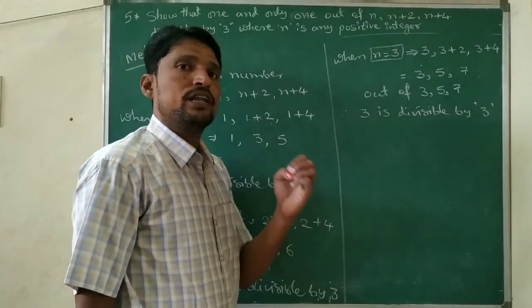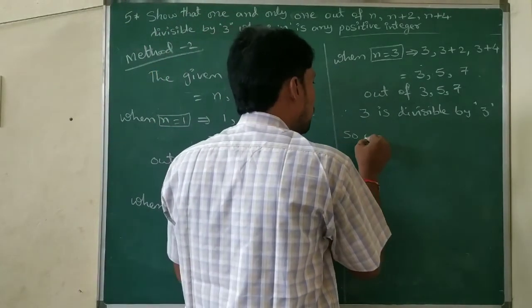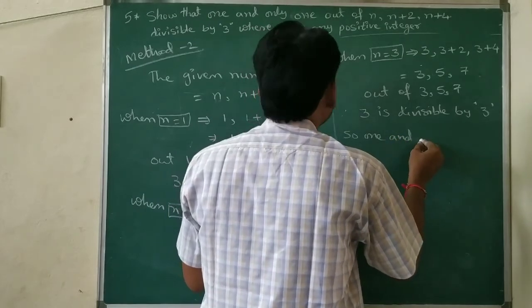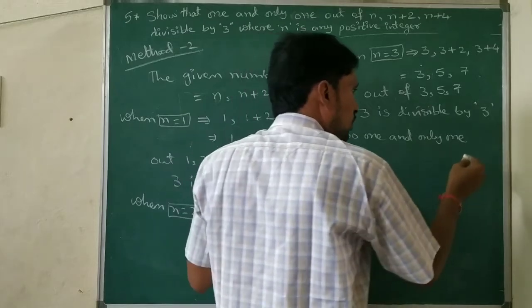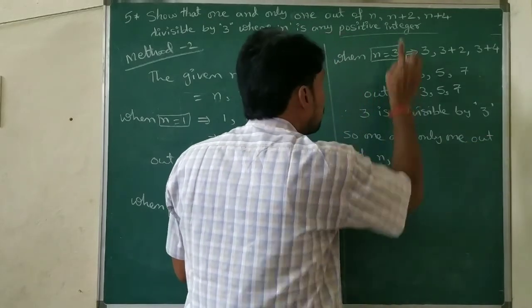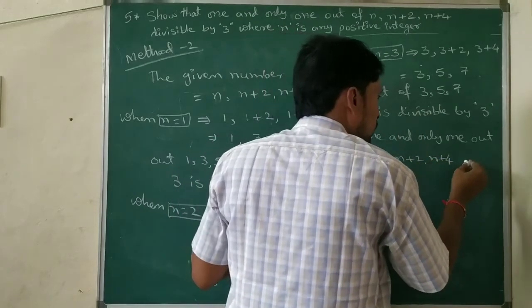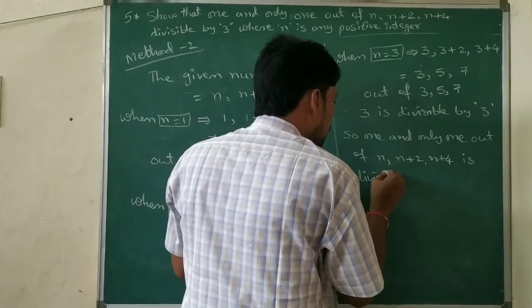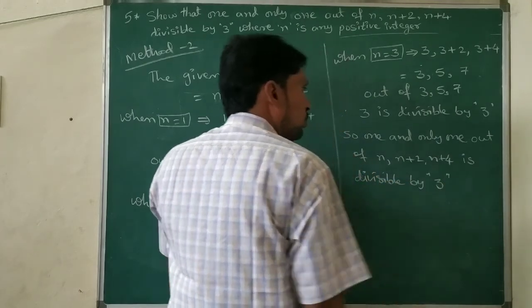For every problem we need to write the conclusion. So one and only one out of n, n plus 2, n plus 4 is divisible by 3.